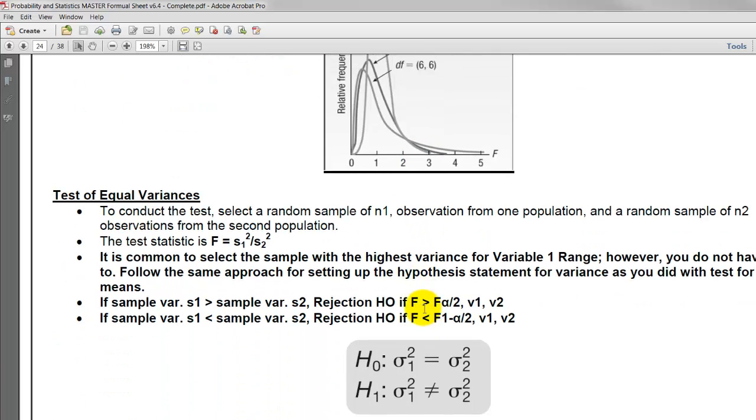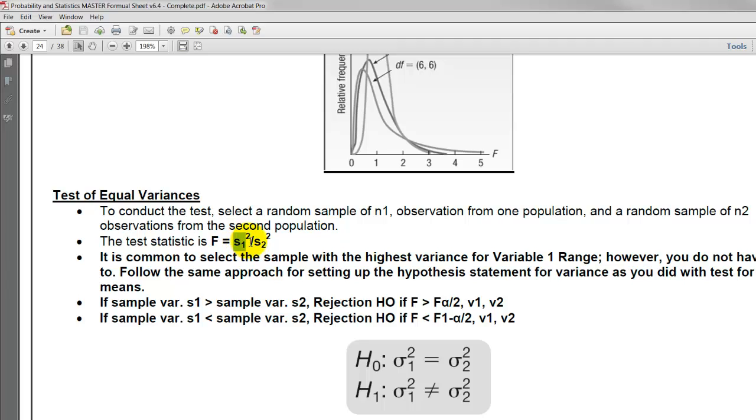Okay, so when we're writing out hypothesis statements, we've already written ours. And testing the variance is just slightly different because the way in which we calculate the F stat is based on the variation of S1, whatever we define as sample 1, over the variation of sample 2. Well, this poses a problem because we could have a situation where sample 1 has a higher variation.